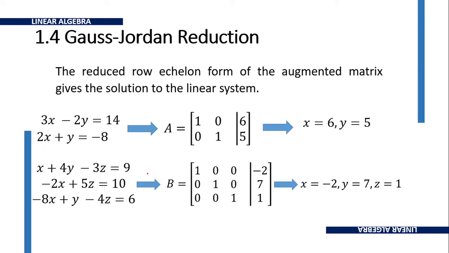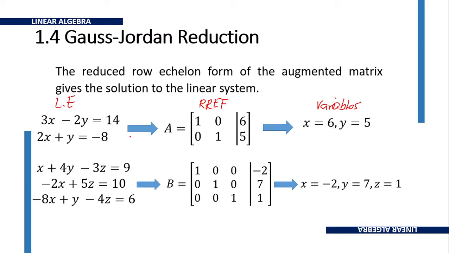So, from linear equations, so we have na linear equations. We have the, ito na yung ating reduced row echelon form. And ito na yung mga values ng ating mga variables. Okay. So, di ba parang ganito din yung ginagawa natin before?